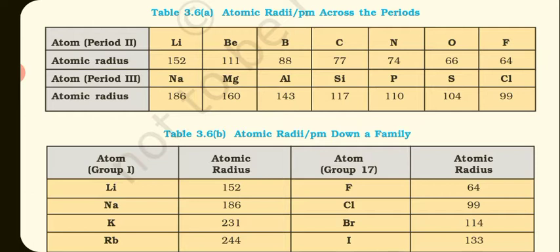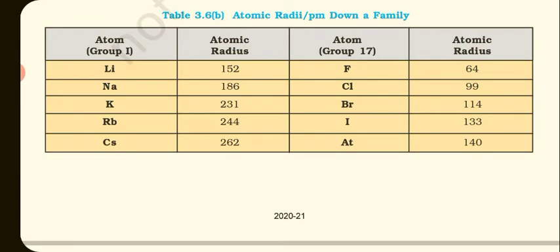So this is the trend. And if we move down in a group, for example, in group 1, lithium, sodium, potassium, rubidium, cesium, atomic radius is increasing. You can see the same trend in group 17 elements, fluorine, chlorine, bromine, iodine, astatine. The atomic radius is also increasing: 64, 99, 114, 133 and 140.